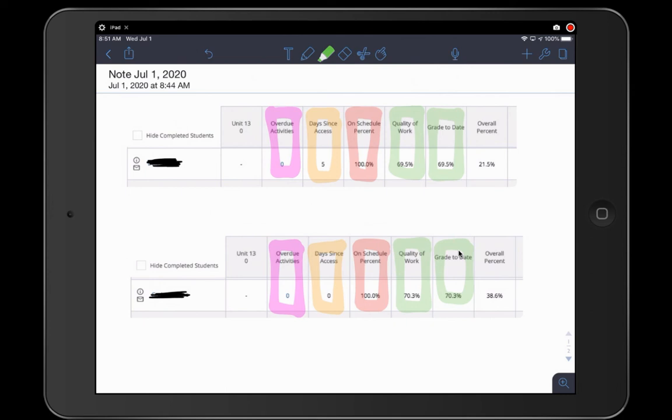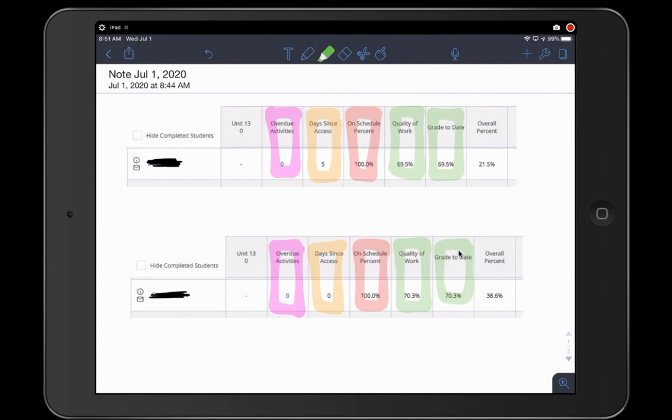You still have a lot of work to do, probably, but so far, the person on top has a 69.5%. So far in the term, that person has a D plus, right? And I'll probably bump it up to a C minus because that's the kind of person I am. And then the person in the second example also has a C minus so far.